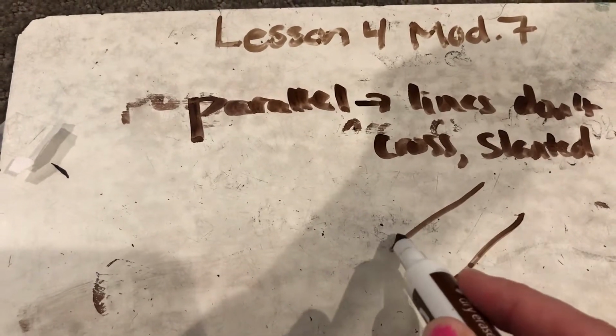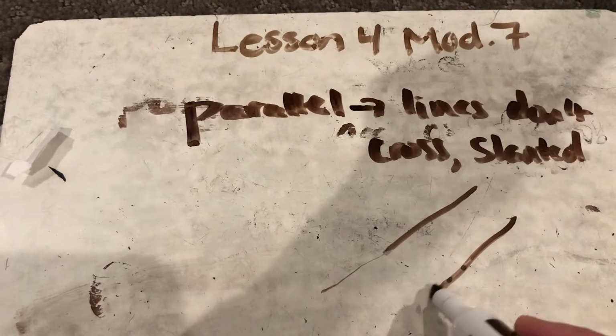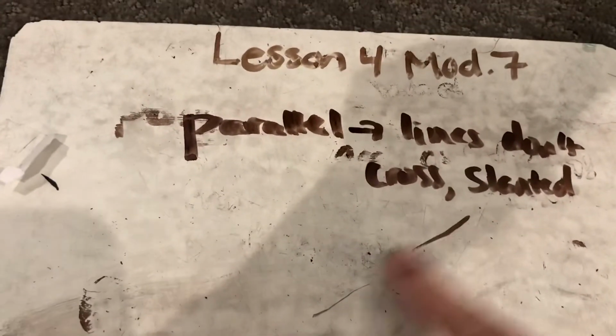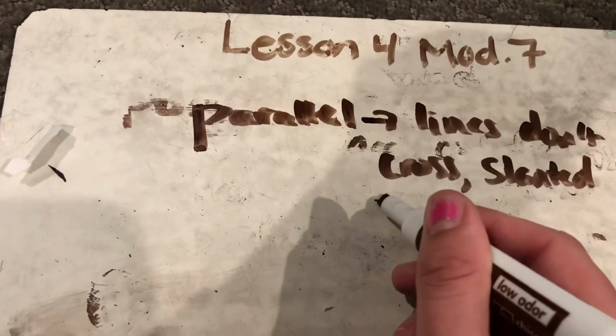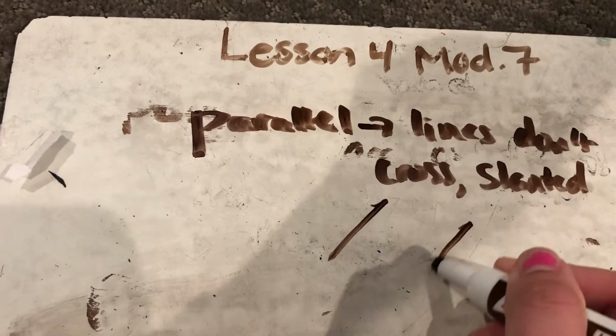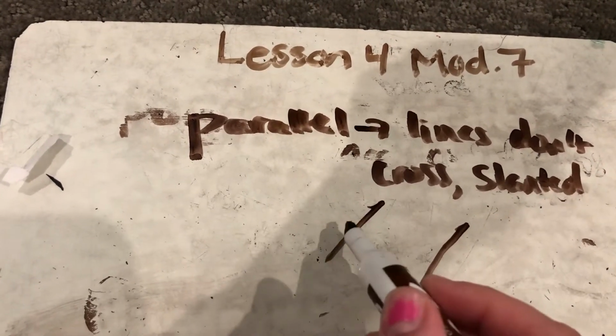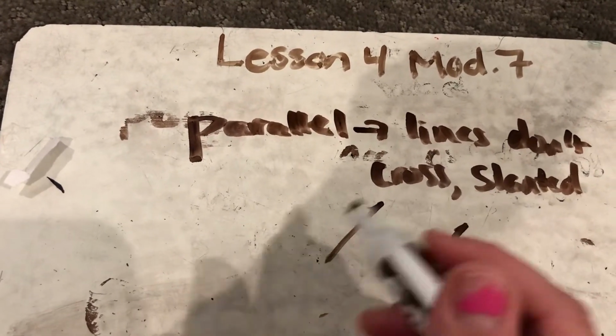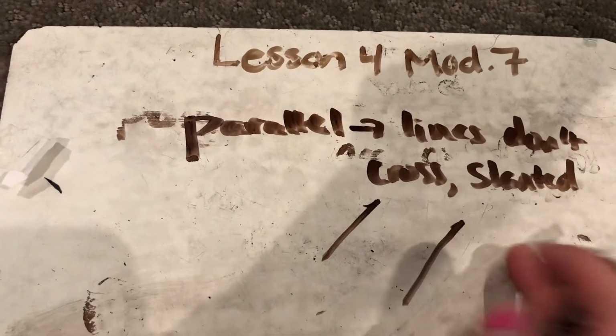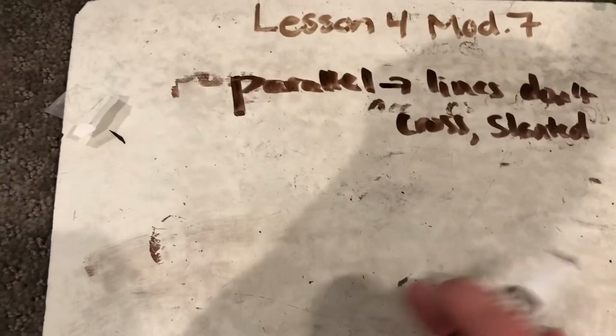If this line keeps going, and this line keeps going, they're never going to meet or cross over. So those are parallel lines. These could also be parallel lines. Again, they go and go and go, they're not going to cross or meet, and they're slanted. All right, so parallel.